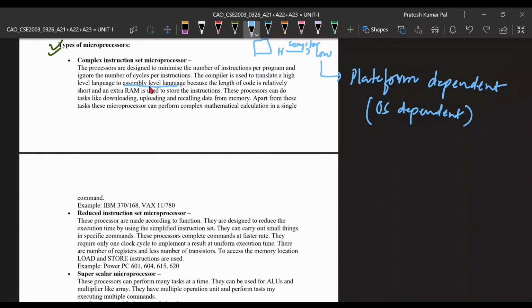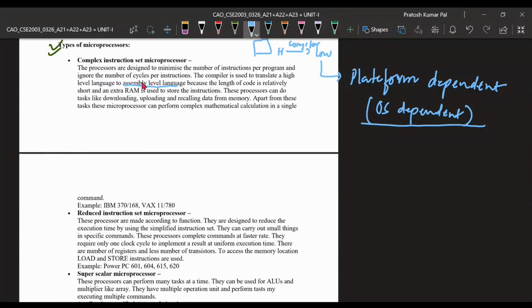These are specific to the machine on which they work, so they depend on the platform. An assembly language program cannot run on all of Windows, iOS and Android.